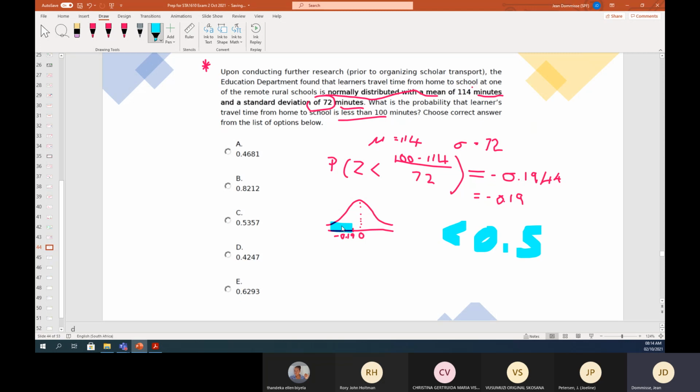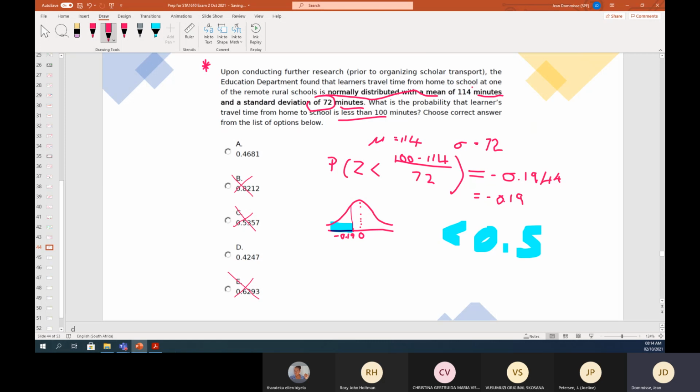Because this area is smaller than 0.5, that one will not be one of the options, that one will not be one of the options, and that one will not be one of the options. Then we're sitting with 2 that it can be.